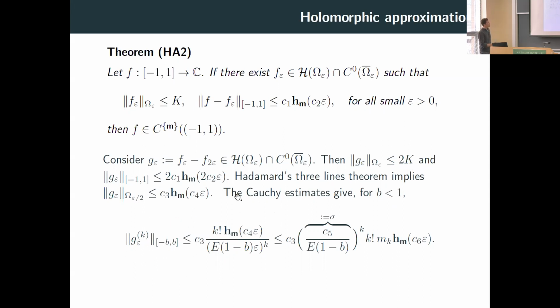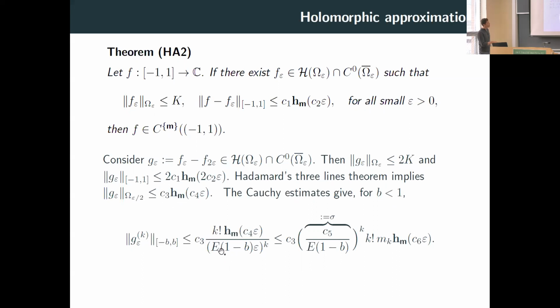I do this with the Cauchy estimates, and I have to make sure that I do not get out of the ellipse omega epsilon 1/2 in order to use these bounds.